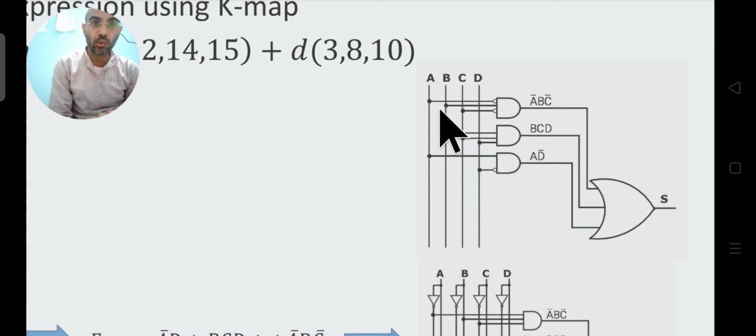If you don't include the bar, the A and A bar inputs, then you can use A directly, and also you can use a bubble for A bar here. So a bubble is equivalent to the bar or the complement, so that is why. Okay, so A complement, B and C complement. So this is a 3 input AND gate, and we are using two bubbles at the inputs on the A input and the C input, so that is why it is becoming like this, and BCD directly, and A D bar.